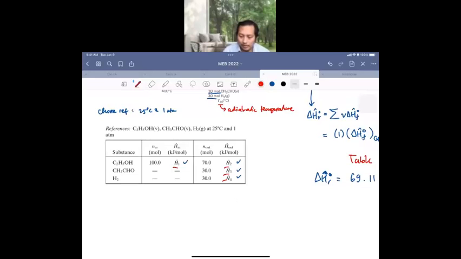So the inlet enthalpy, H1. I believe we could find the Cp from Table B2 for ethanol. Integrating Cp dT using Table B2, eventually you will get H1 as 33.79 kilojoule per mole.